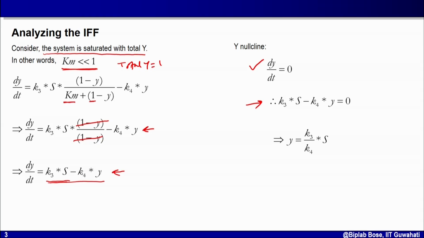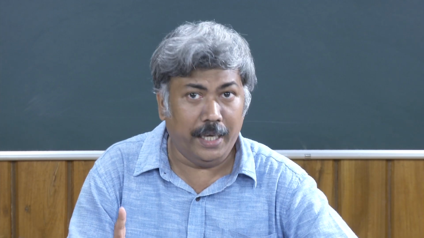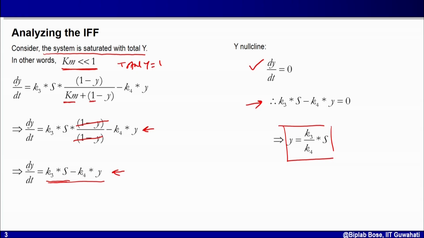You don't have x in this equation. So if I rearrange, I get y equal to k3 divided by k4, a ratio of two parameters, so it is a constant, into s. S is my input signal. So you can easily see y is linearly dependent upon s, nothing else, right? So here y is linearly dependent upon s.